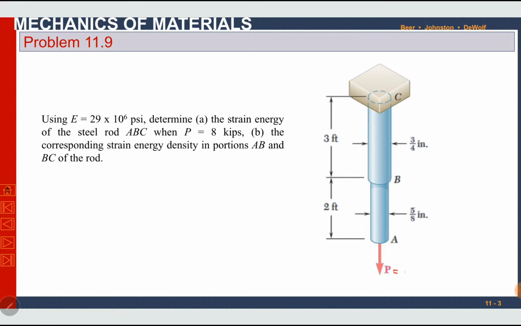Load is given, 8 kilopounds. Strain energy of rod ABC. So we have to find strain energy, capital U, for the whole rod ABC. Strain energy will be different for rod AB, and then again it will be different for rod BC, and then we can add them up.